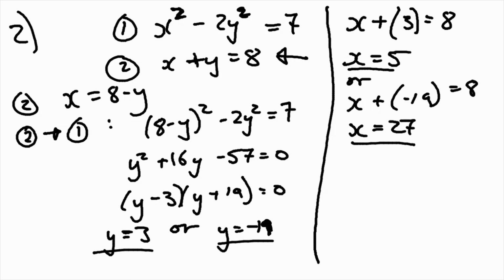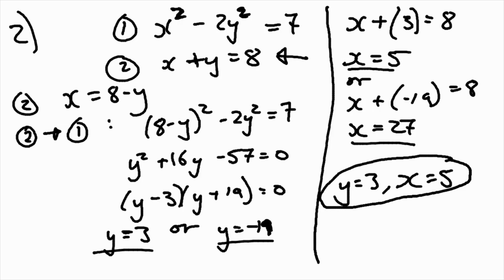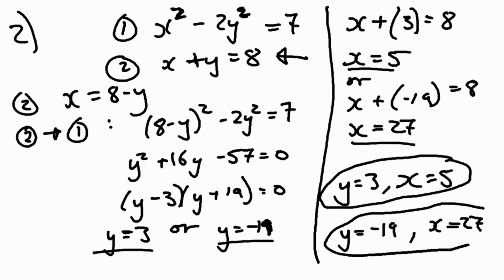So when we had y equals 3, this goes with x equals 5, and that is one set of solutions. And when y equaled minus 19, x equals 27, and that's our second pair of solutions. We need to work out both.